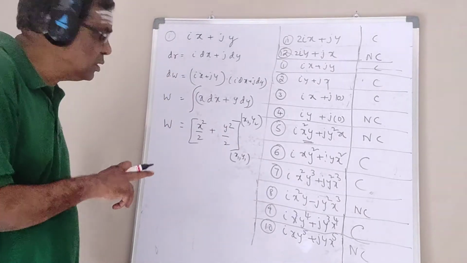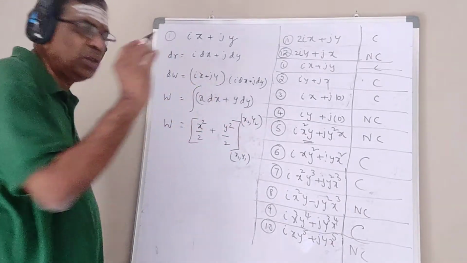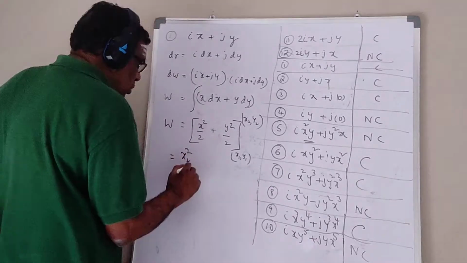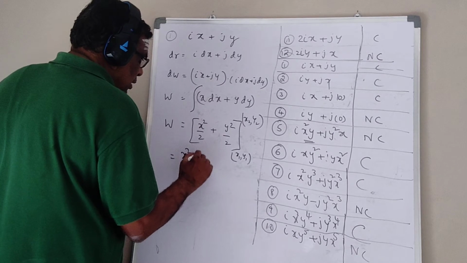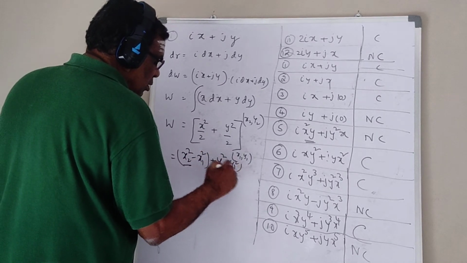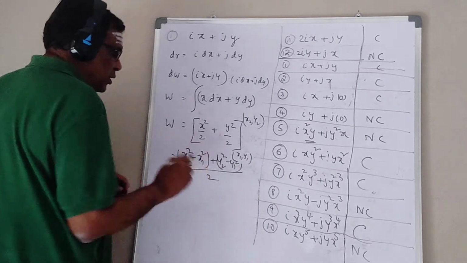Whatever be the path, you directly substitute and you will get the answer. What is that? (x2 squared minus x1 squared plus y2 squared minus y1 squared) by 2.